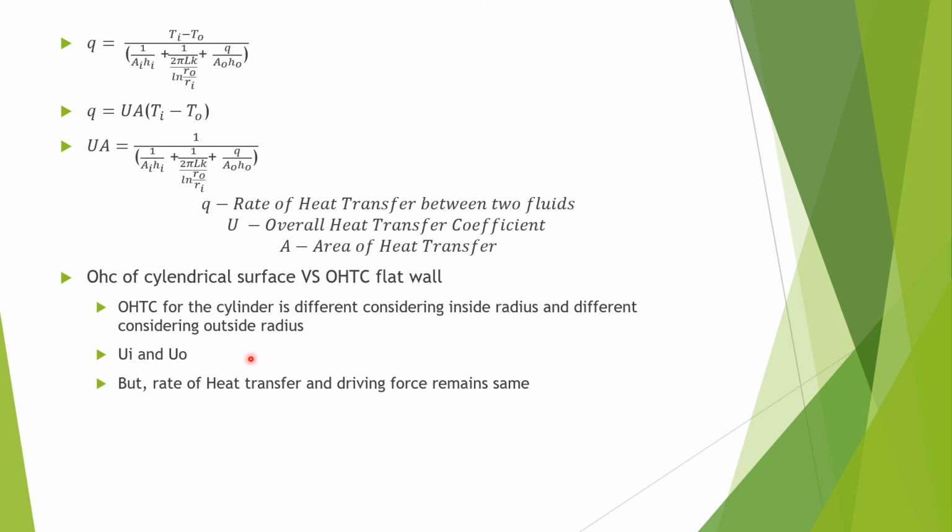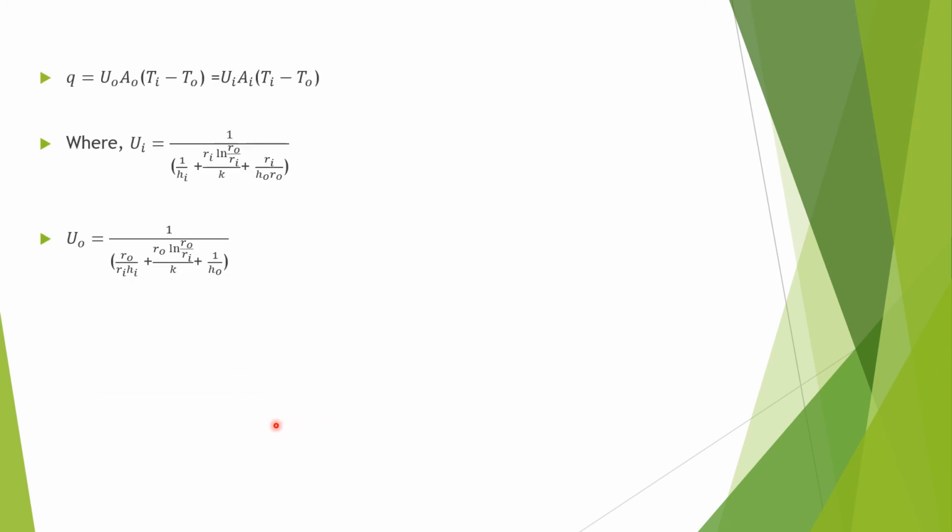Even if we consider Ui or Uo, that is considering the inside radius of the inner pipe or the outside radius of the inner pipe, we will get Ui and Uo. But the overall rate of heat transfer and the driving force for the heat flow is the same.